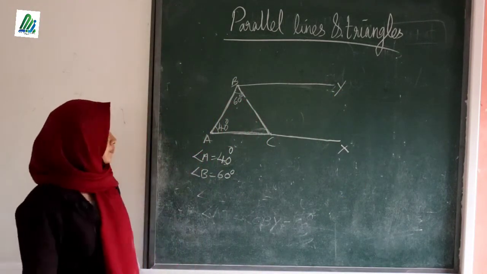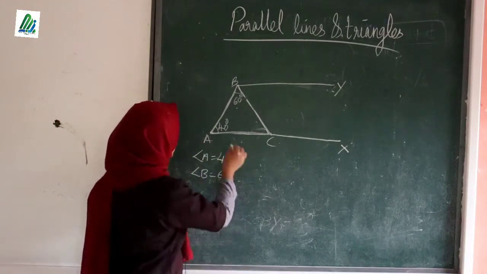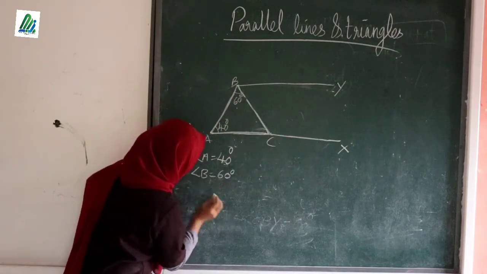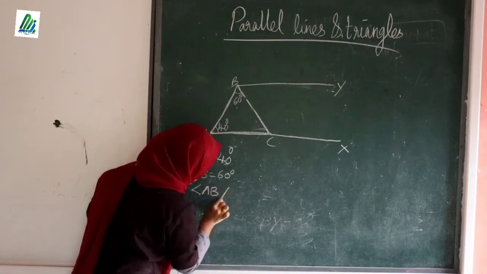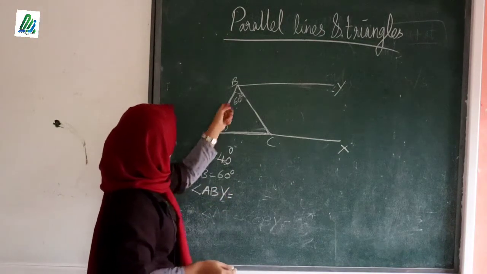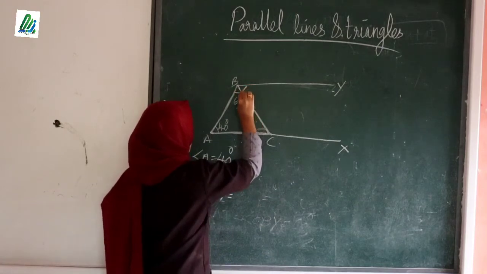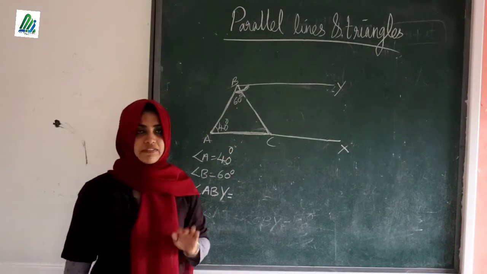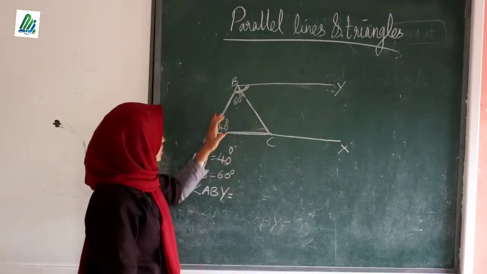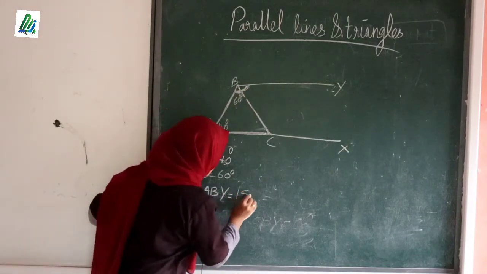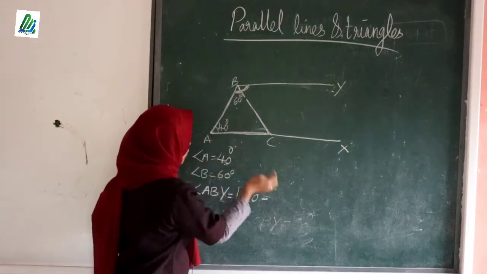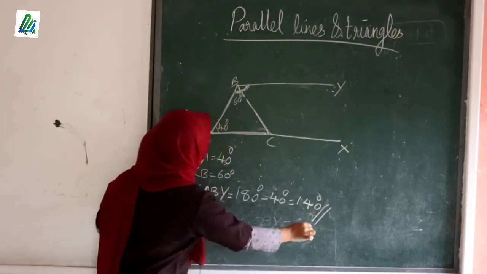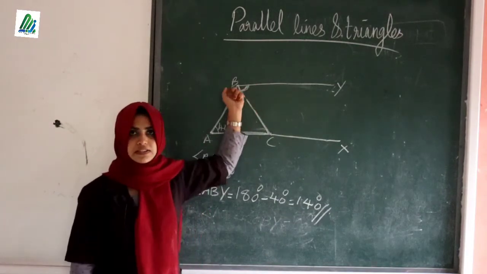So from this figure, how much is the angle ABY? This total angle is how much? When we subtract 40 degree from 180 degree, we get the angle ABY. So the angle ABY is 180 degree minus 40 degree, which is 140 degree.